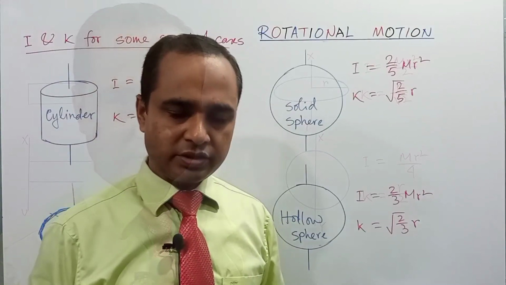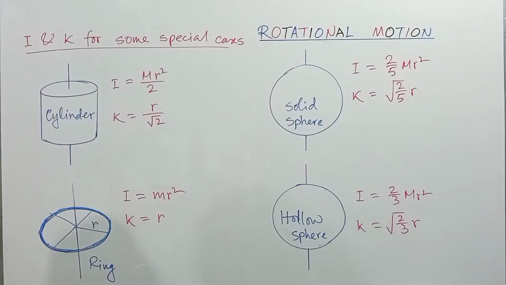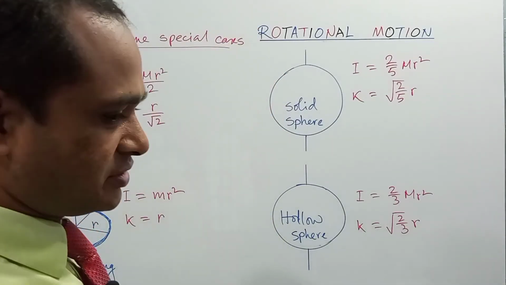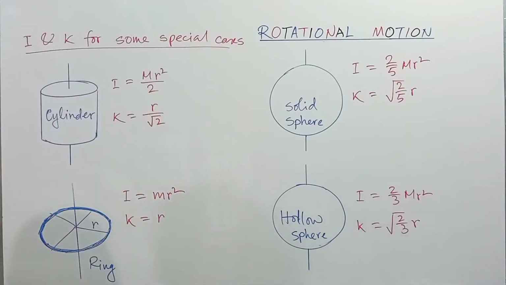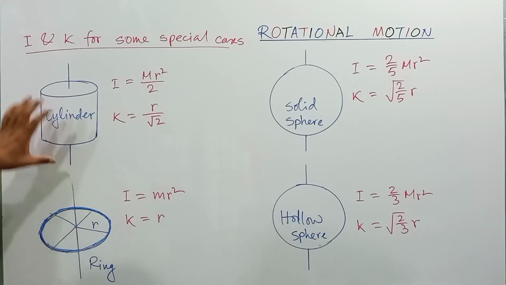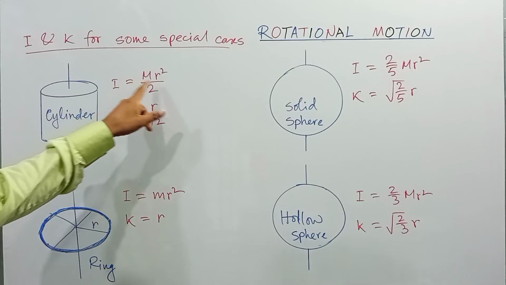Okay. Dear student, now we will see the expressions for I and k, that is moment of inertia and radius of gyration, for some more special cases. If we determine the moment of inertia and radius of gyration of a cylinder with respect to an axis passing through the center, like the figure, then the moment of inertia will be m r square by 2.